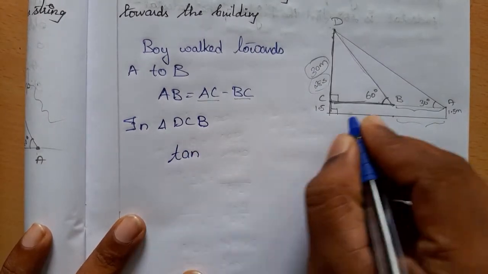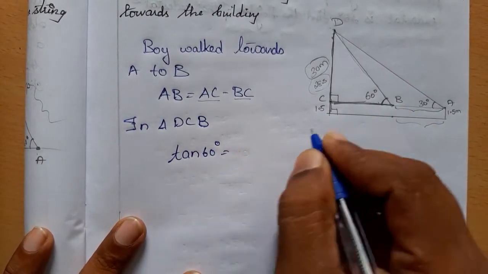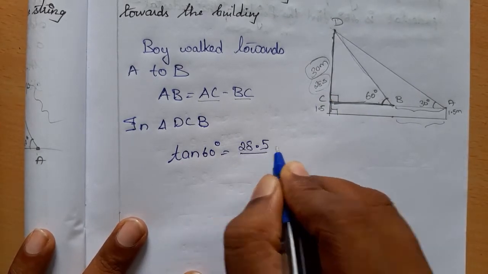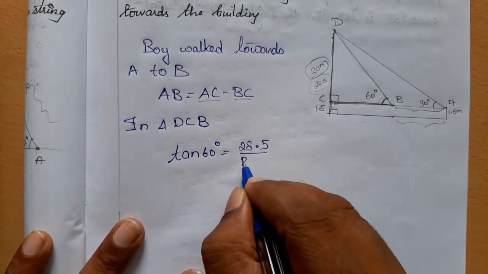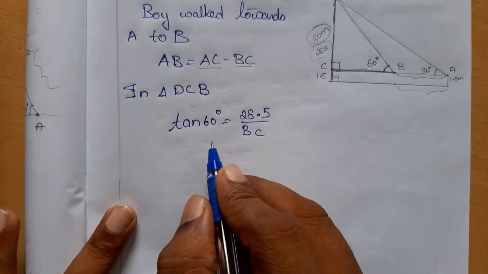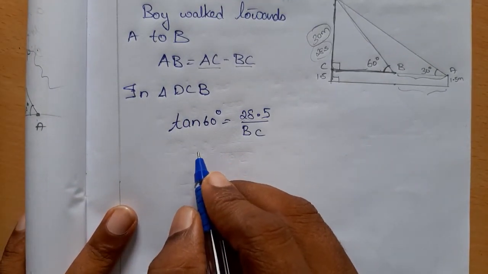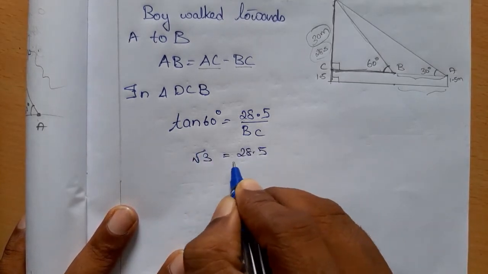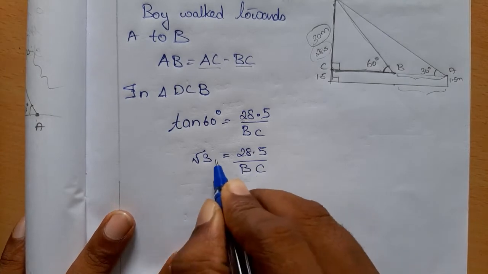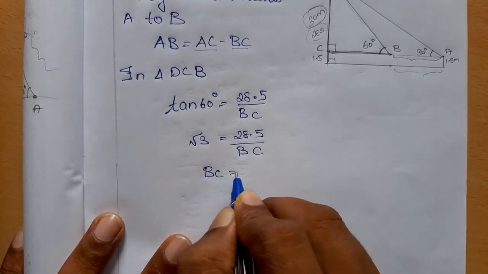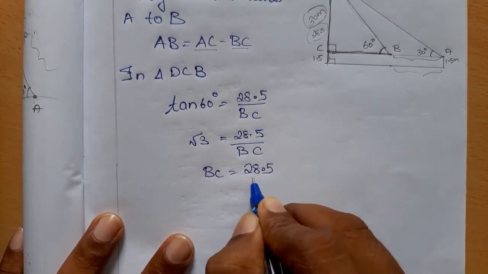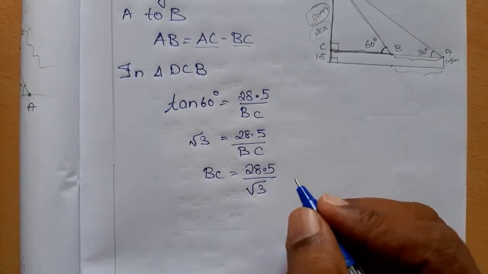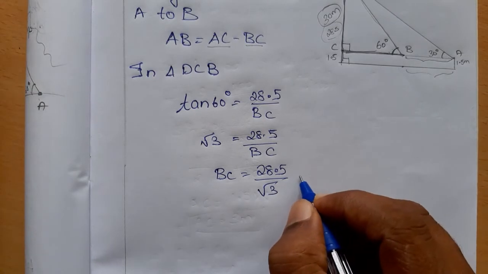So tan of the angle 60 degrees is equal to opposite, 28.5, divided by adjacent, BC. That is what we have to find. So what is tan 60? Tan 60 degrees is the square root of 3. Square root of 3 is equal to 28.5 divided by BC. So BC is equal to 28.5 divided by square root of 3. Then we have to simplify this, rationalize.